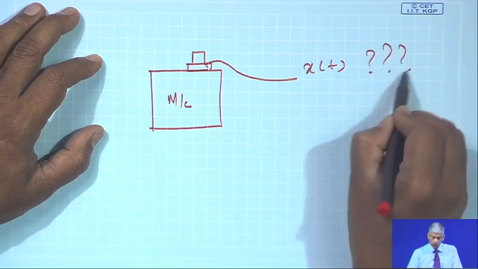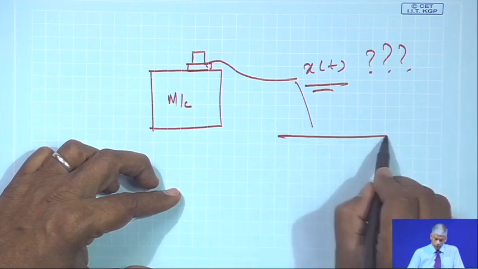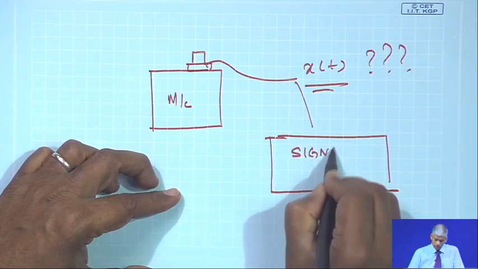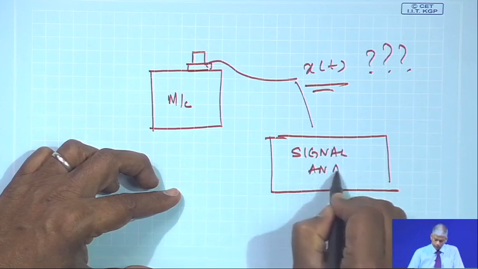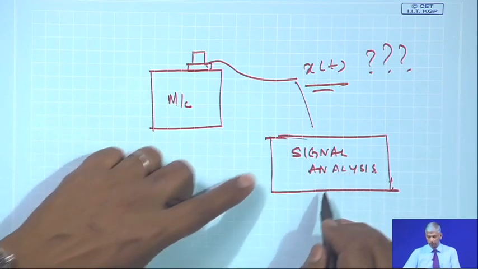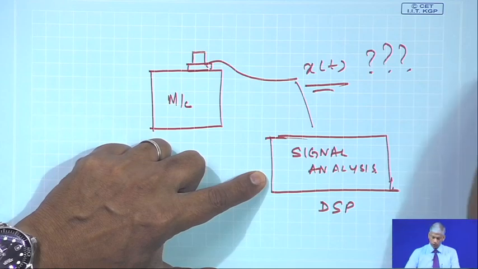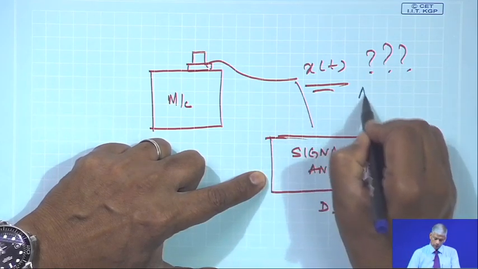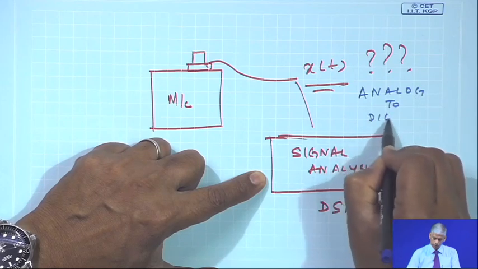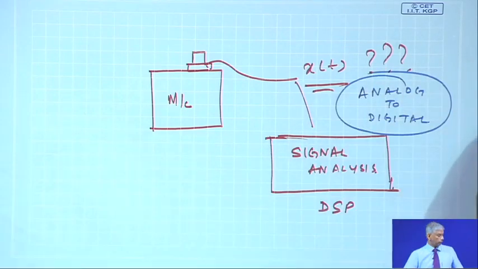What do we understand from this signal x(t)? That is why we have a nice module of signal analysis. But to do any mathematical signal analysis or DSP, I need to convert this signal from analog to digital. So, this is what we are going to focus on in today's class.